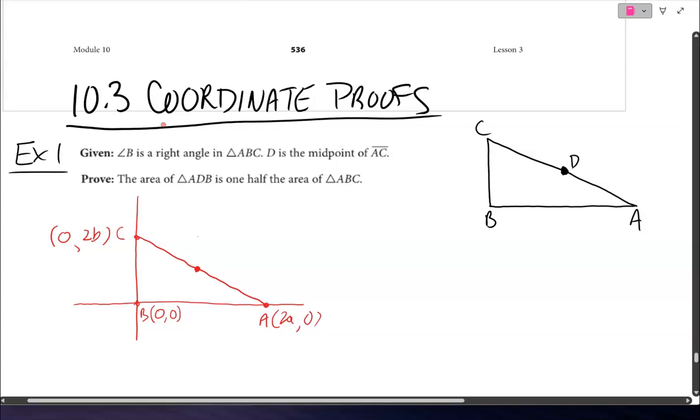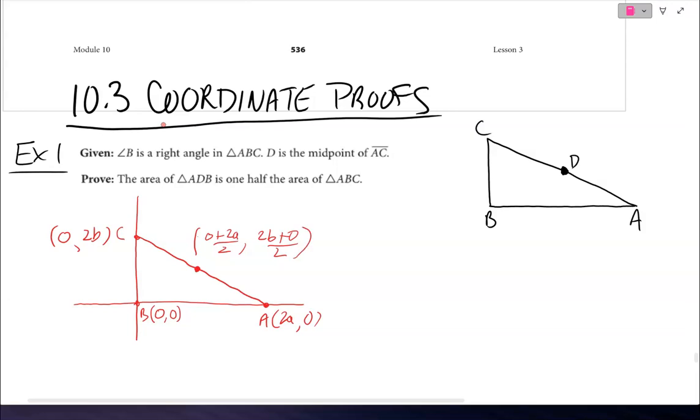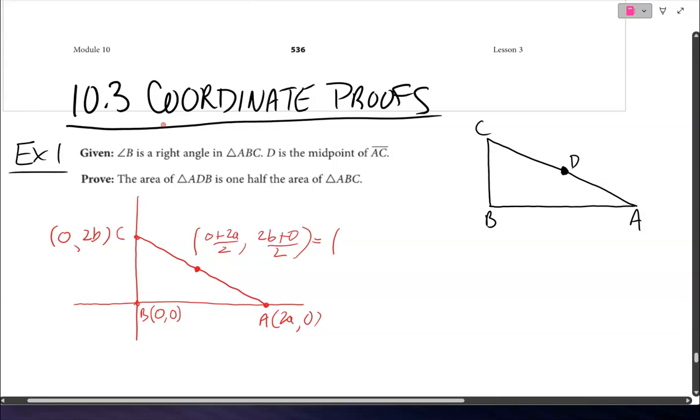When I find the midpoint, this is going to be 0 plus 2a divided by 2, and 2b plus 0 divided by 2, when I do the average of the x's and the average of the y's. And now I get simply 2a over 2 is a, and b. So that's a much simpler expression to work with.